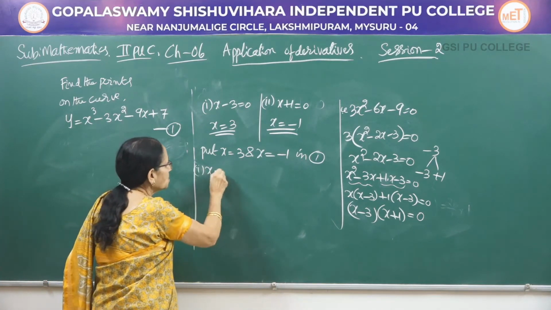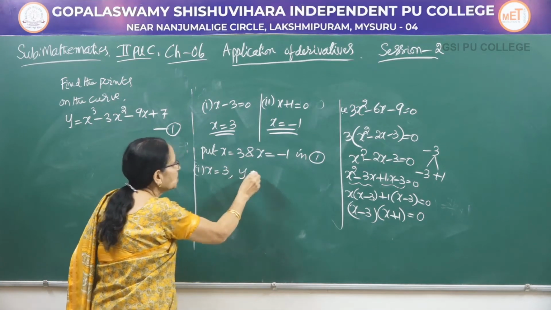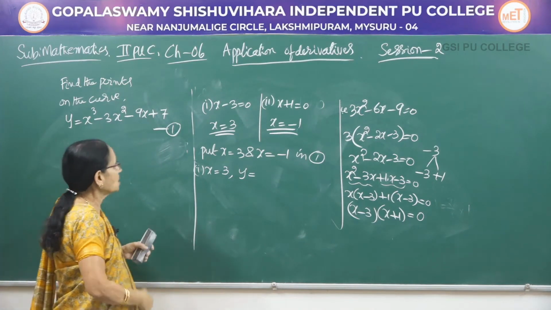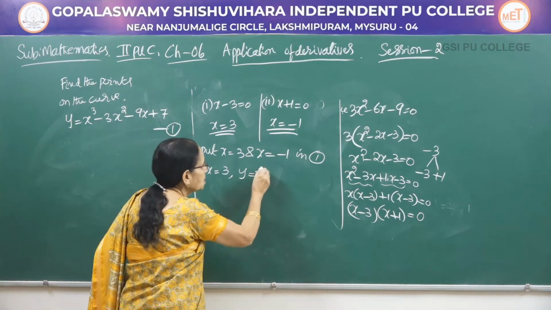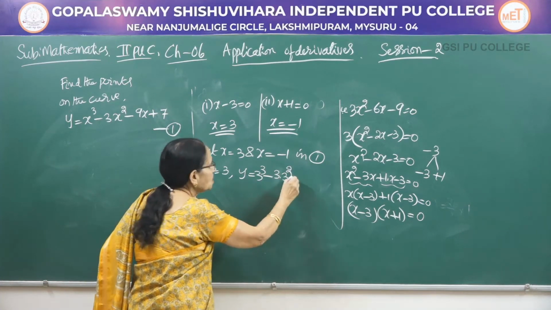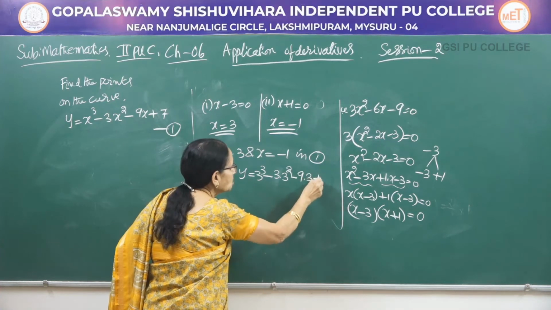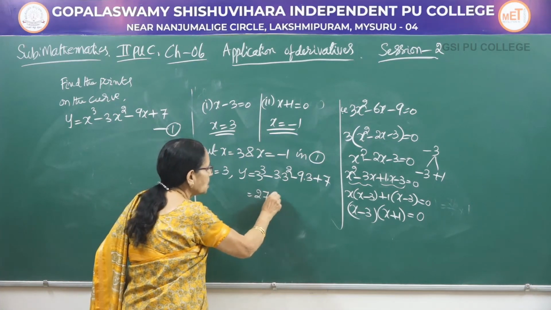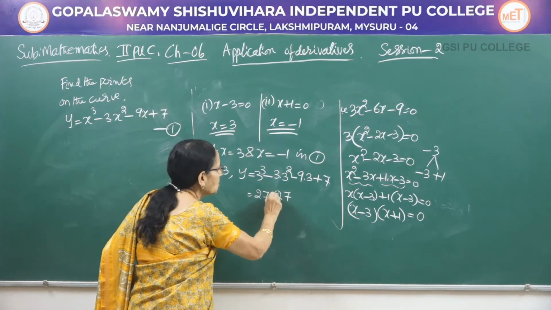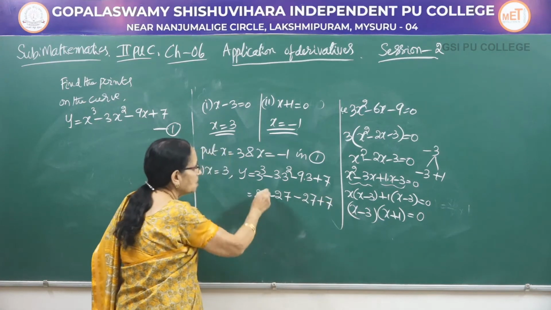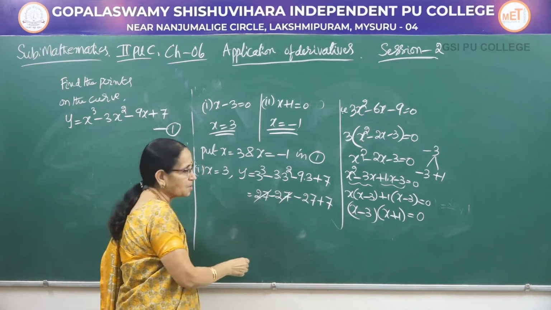First one, x is equal to 3. y would be equal to, wherever x is there, you write the value 3. That is 3 cube minus 3 into 3 square minus 9 into 3 plus 7. Look here, it is 27 minus 27 minus 27 plus 7. This plus and minus get cancelled.